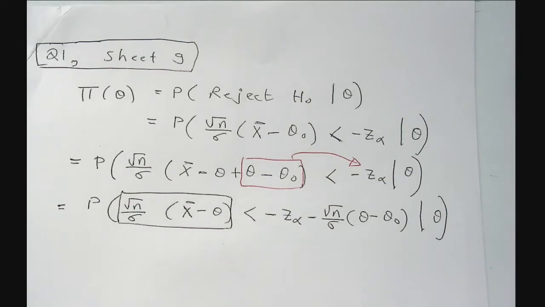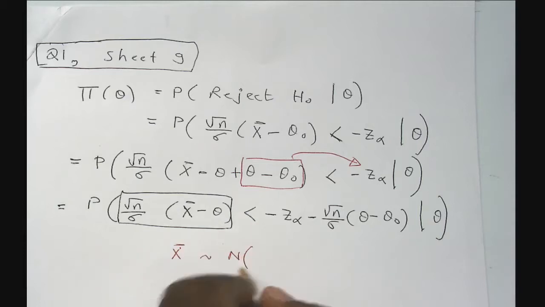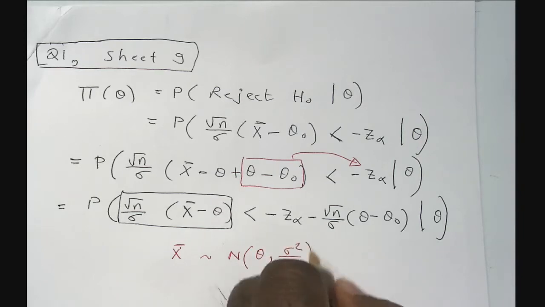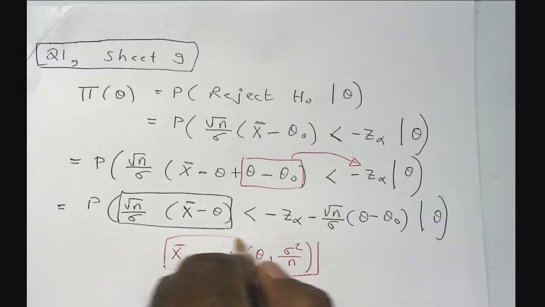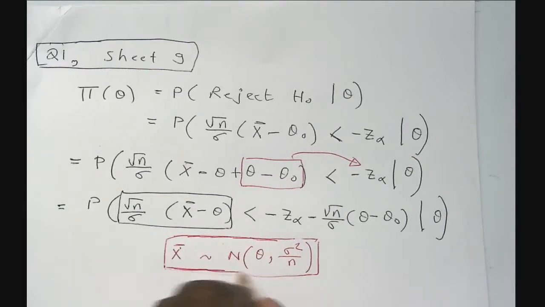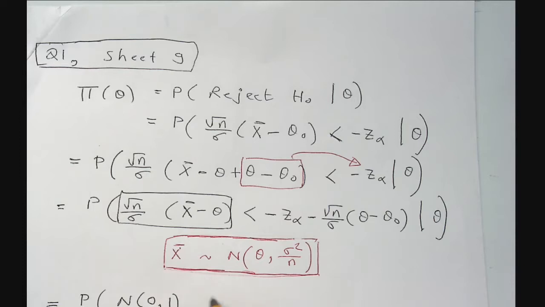You will remember that one of the results I proved in week 1 or 2 is that x bar, the sample mean, has a normal distribution with parameters theta and sigma squared over n. Using this result, this will have the standard normal distribution. So this is equal to the probability that N(0,1) is less than minus z alpha minus root n over sigma times (theta minus theta 0).